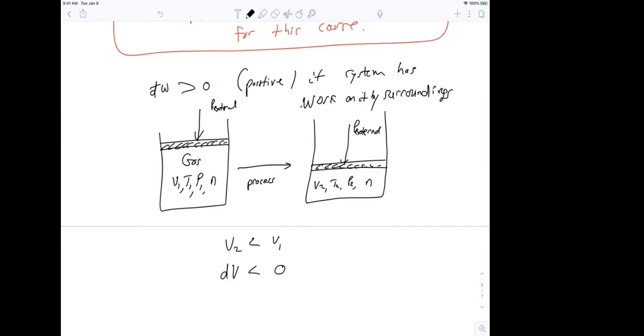Okay, if there's any disagreement, please let me know, but I think dV is always, as you're compressing, as the process unfolds, and the process is this compression of the gas, at any instant of time during this compression, dV will always be less than 0. Volume is decreasing, so the future volume will be less than the current volume, and since dV is just future minus current, dV is less than 0.